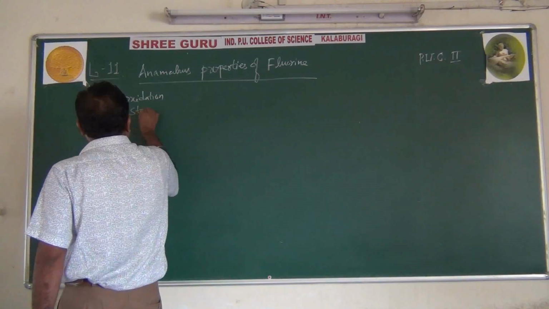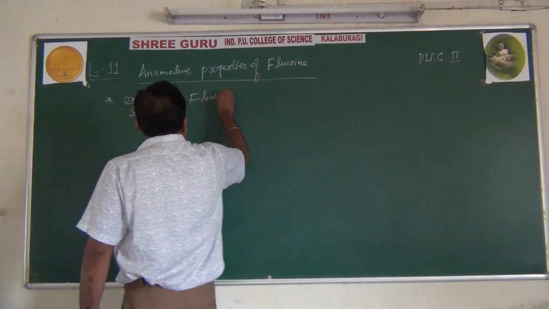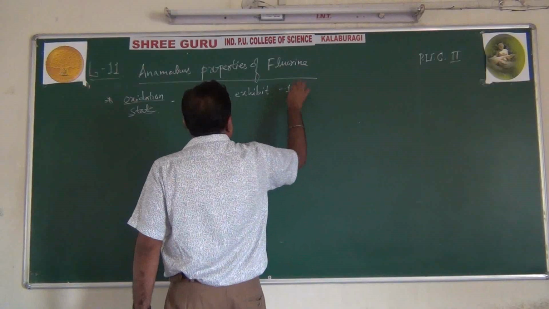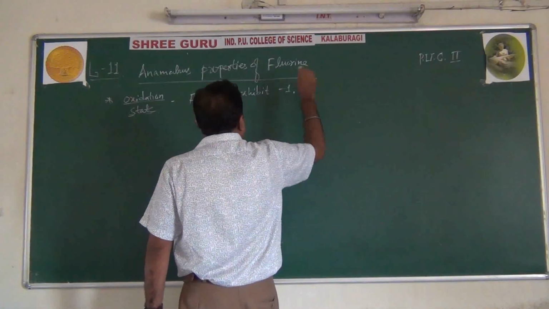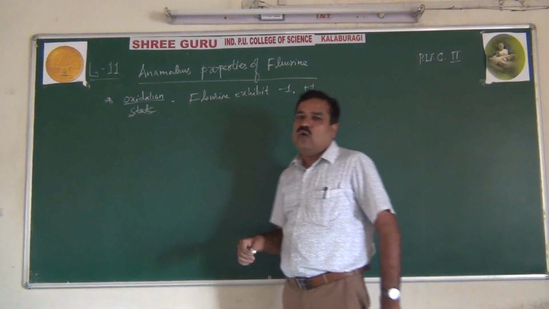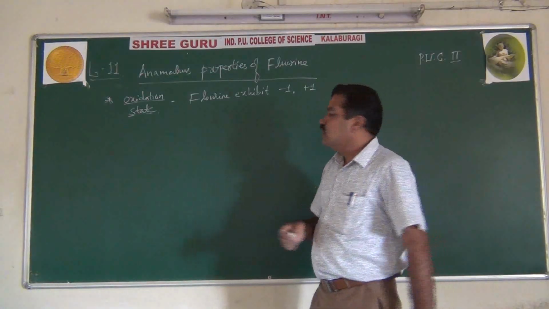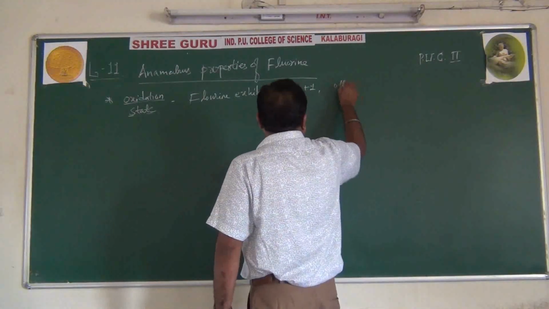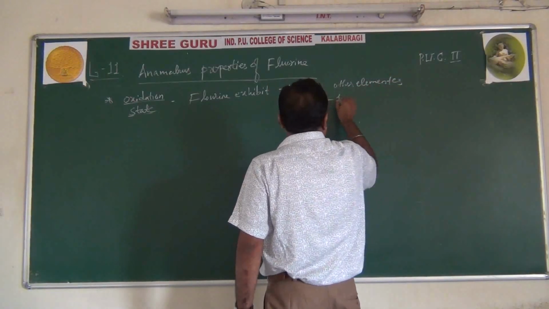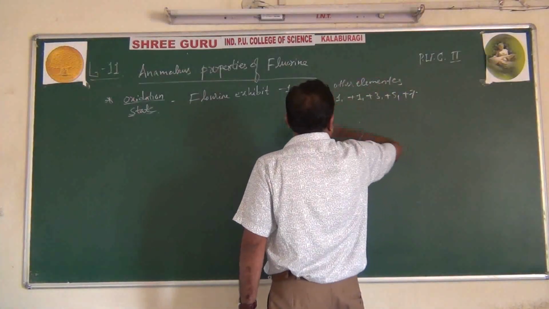Oxidation state. See, fluorine exhibits only minus 1, at the most plus 1. That means in the oxoacid, that is HOF, the oxoacid of fluorine, it is plus 1. But the rest of the elements exhibit minus 1, plus 1, plus 3, plus 5, plus 7 oxidation states.